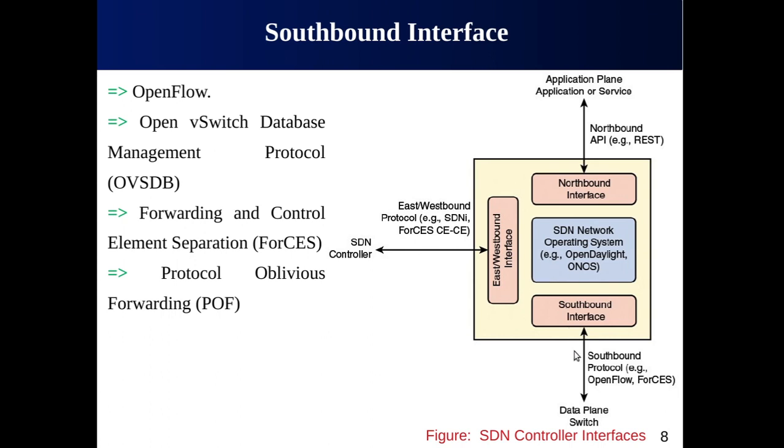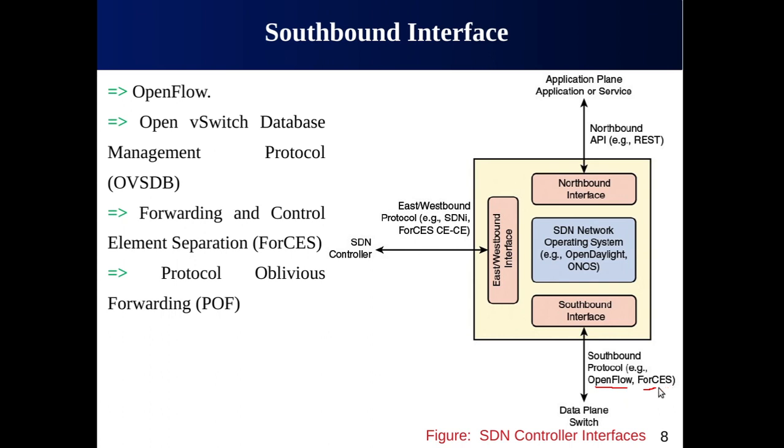The commonly implemented southbound API, as you can see here, is OpenFlow. But besides OpenFlow, we also have another API known as ForCES, which stands for Forwarding and Control Element Separation.